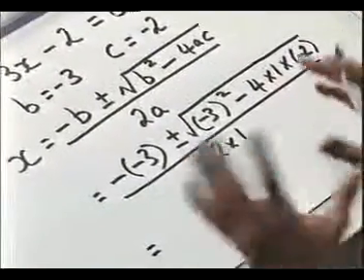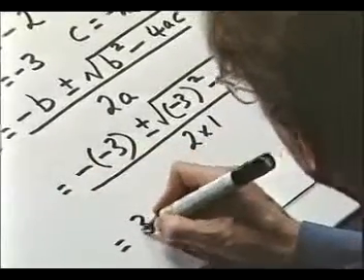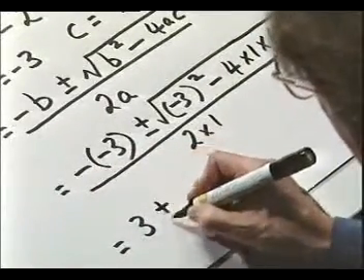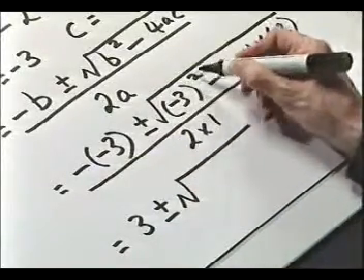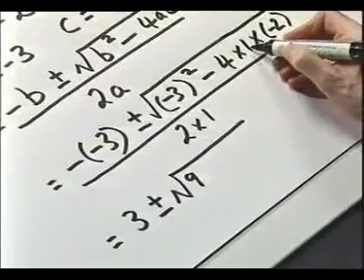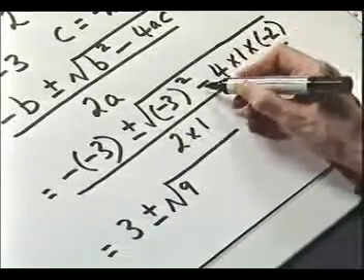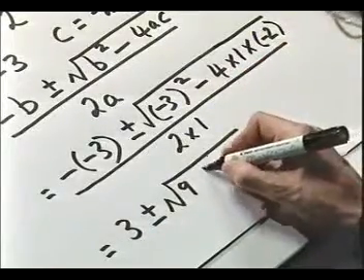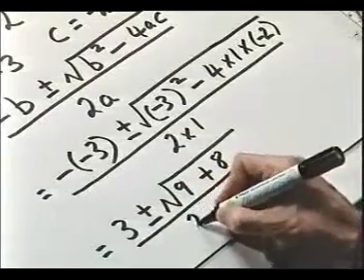And now let's tidy this up. So we have minus minus 3, that's plus 3, plus or minus the square root of minus 3 all squared, which is 9. 4 times 1 is 4, times minus 2 is minus 8, and we've got this minus sign here, which makes plus 8, all over 2.